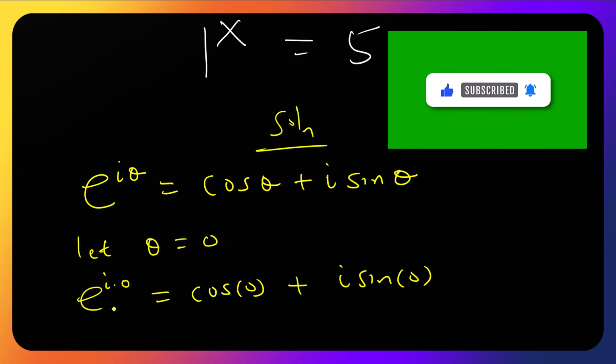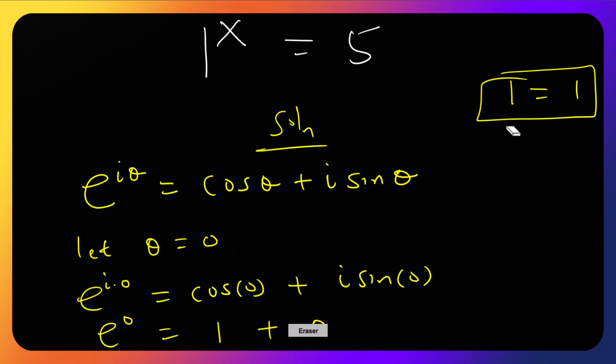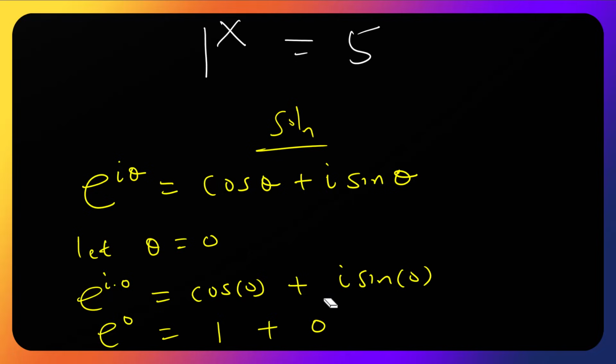So i times 0 will be e to the power 0, and this side cos 0 is 1 and i sine 0 is also 0. And any nonzero number to the power 0 is 1. So we have 1 equals 1. Hence proved. So once 1 equals 1, it means perfect.